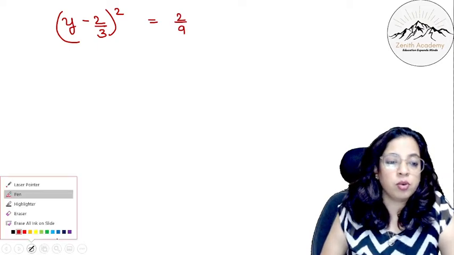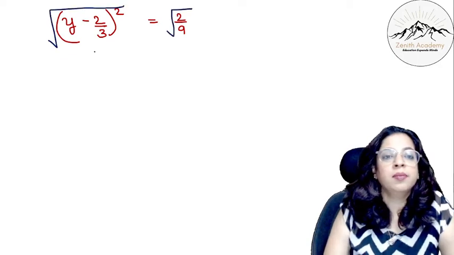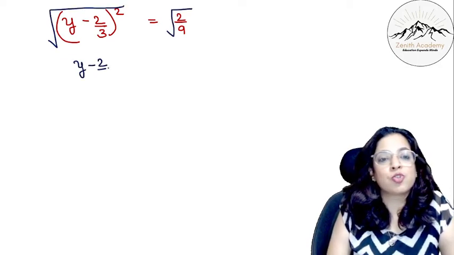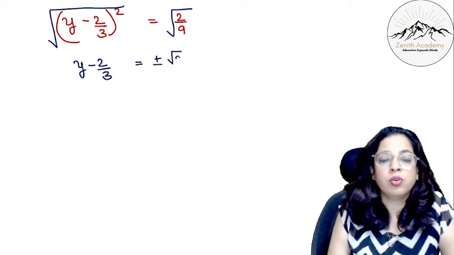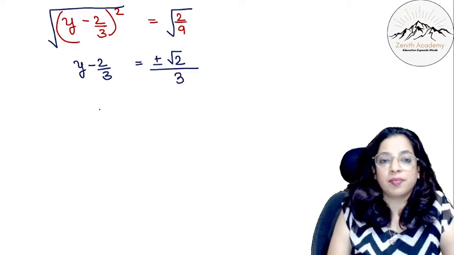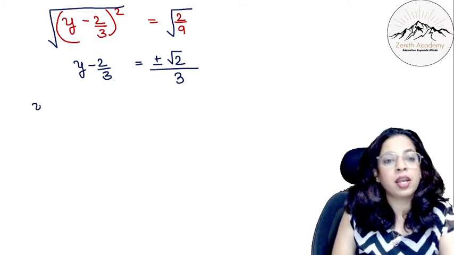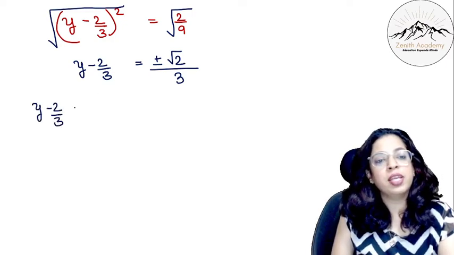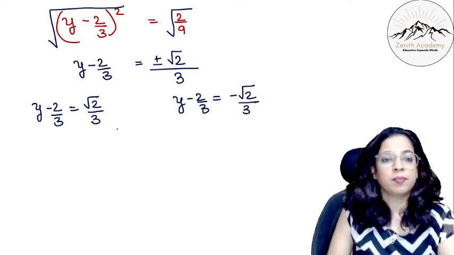Now taking square root on both the sides, I will get y minus 2 by 3 is equal to plus minus square root of 2 can be written like this, and this can be written as 3. Now square root of 9 is plus minus 3. So now we can write y minus 2 by 3 is equal to positive root 2 by 3, and y minus 2 by 3 is equal to negative root 2 by 3.